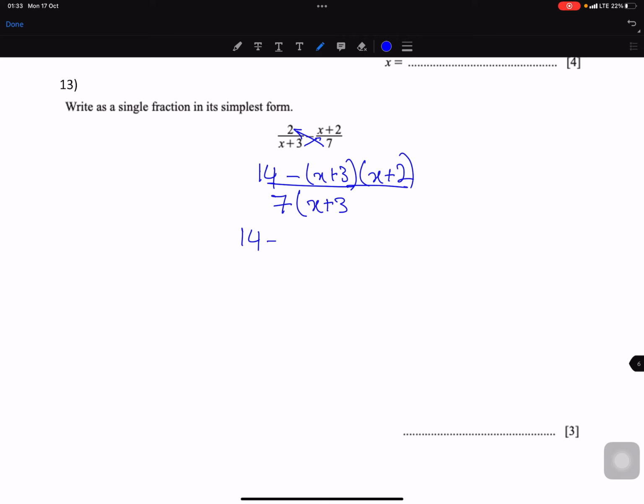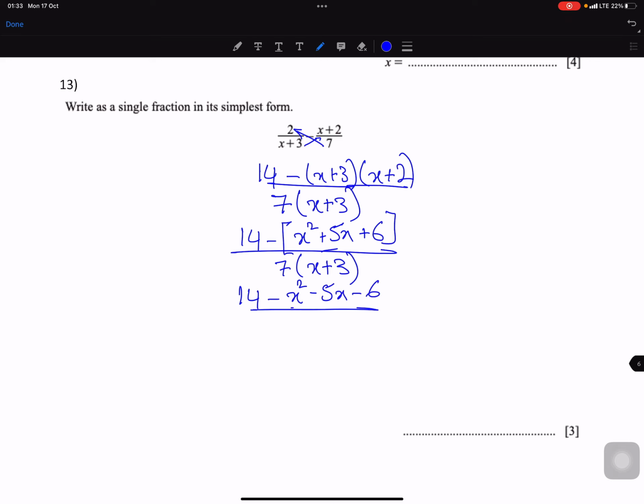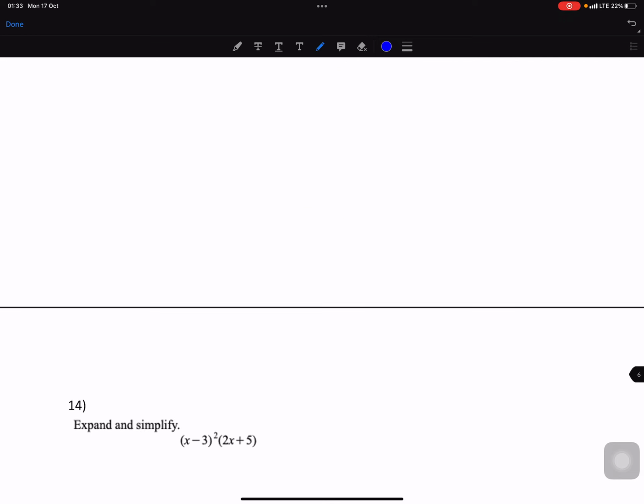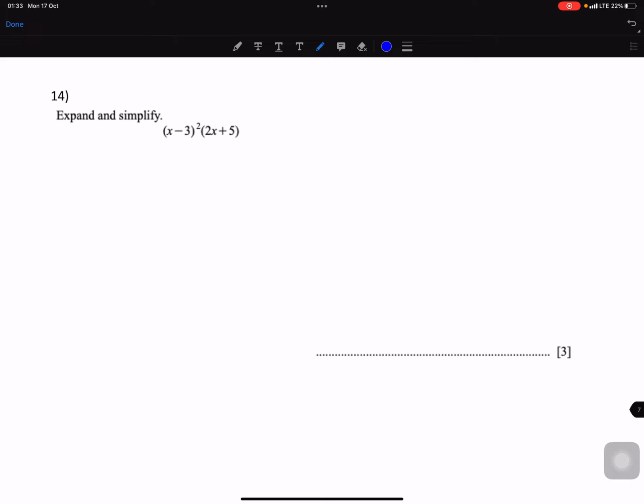So 14 minus, don't forget the bracket, x squared plus 5x plus 6 over 7, x plus 3. 14 minus x squared minus 5x minus 6, because the minus affects everything inside the bracket, over 7, x plus 3. Finally, 14 minus 6 is 8, minus x squared minus 5x over 7 and x plus 3. Okay, we're almost there.